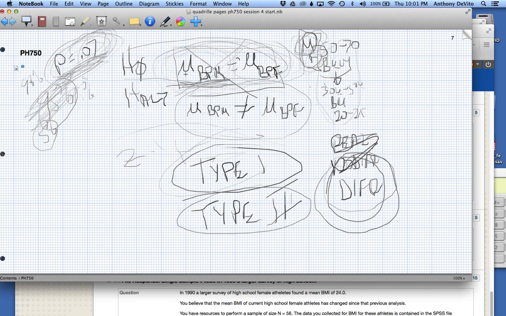You haven't accepted this to be true. That's why we don't say we accept the null hypothesis when we don't have enough evidence to reject. We just say we fail to reject because you're not really accepting that. So you're not really making that big an error. You just don't have enough evidence to come up with the right answer that there is a difference. That's a type 2 error.